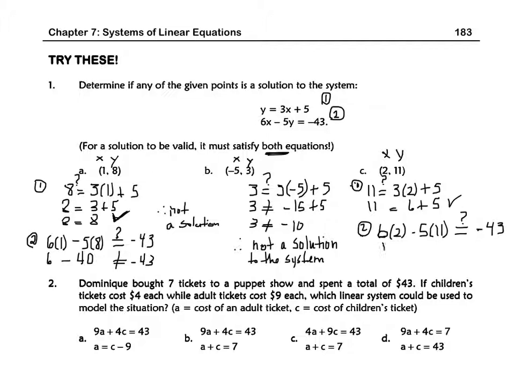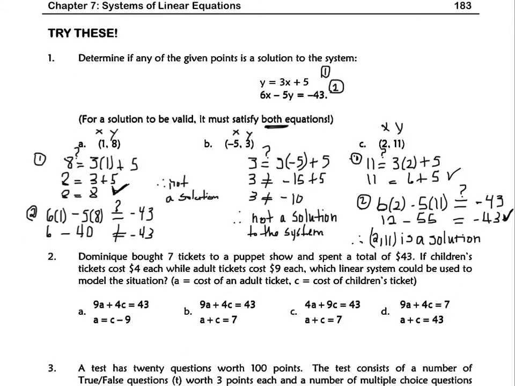So this would be 12 minus 55, which is equal to negative 43. So that means it works in both equations. So therefore, 2, 11 is a solution to the linear system.